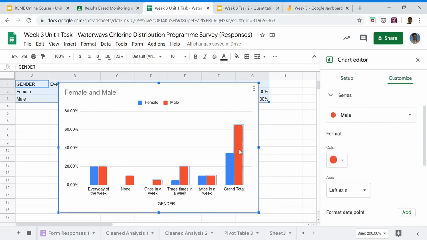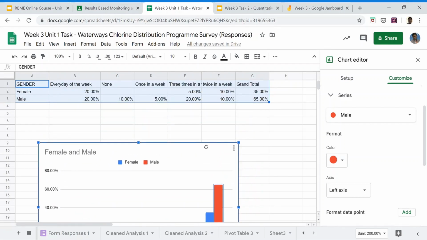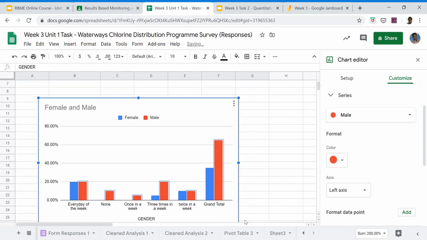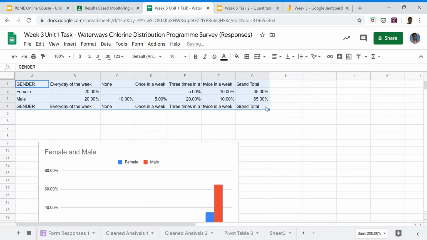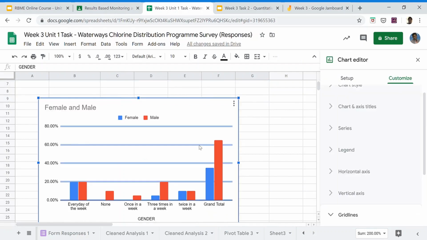I need to exclude my grand total. I do not. Oh, it's on the. Well, one thing I can do, I like the way Google presents its table. I need to shift this. Okay, let me see.